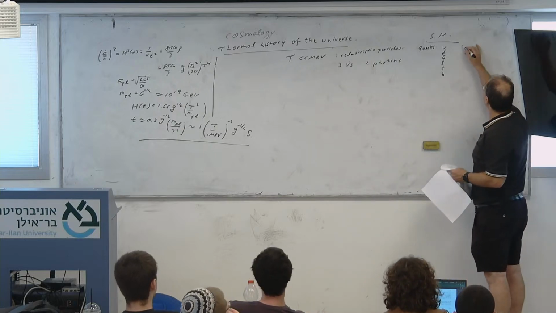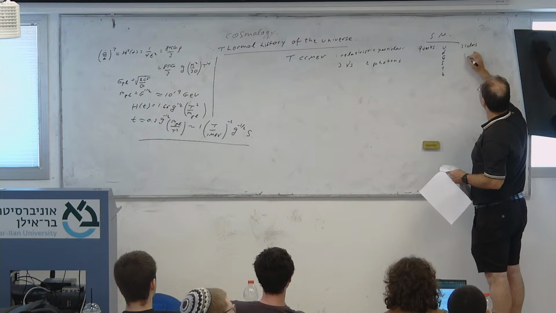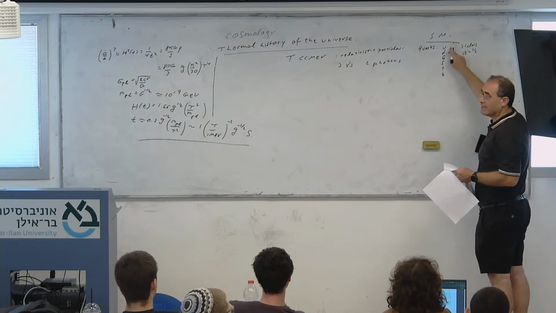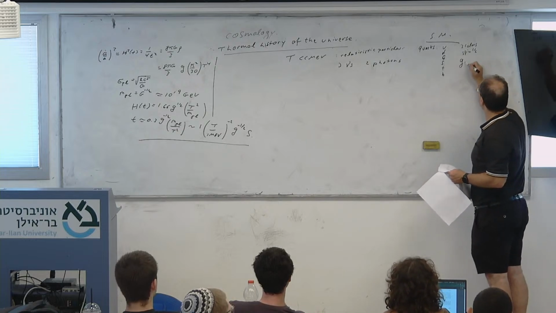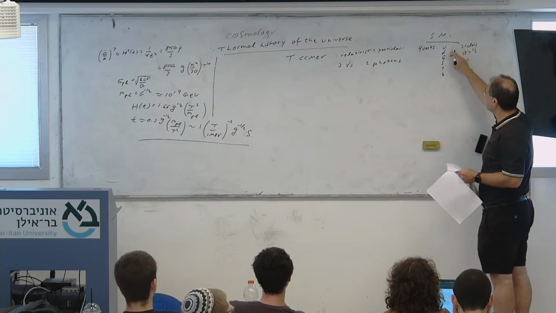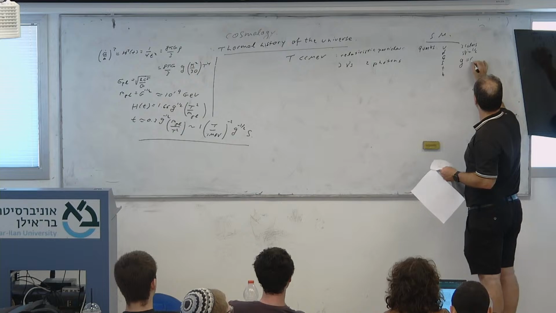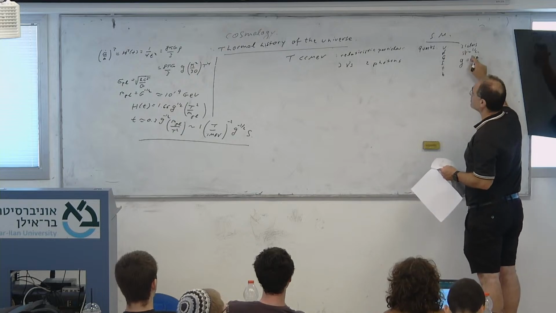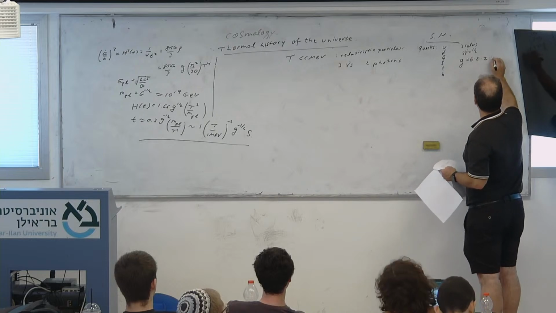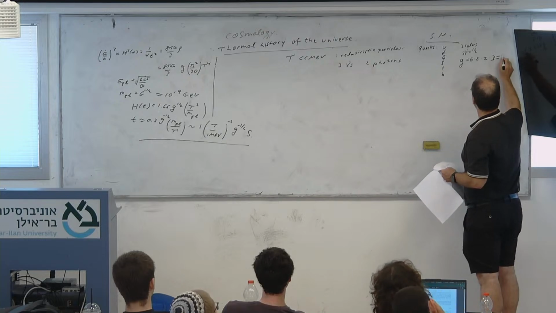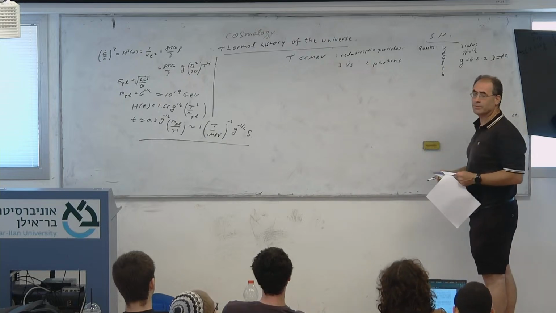We have 3 colors, spin half. So what are the degrees of freedom? And each particle has an antiparticle. So g is equal to 6 times 2, particle and antiparticle, times another 2 for spin half, times 3 colors. Overall, 72 for the quarks.